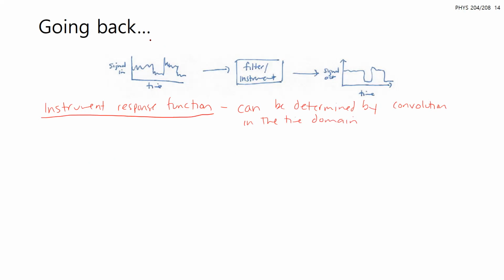So for our given signal input, here S of t, and our output signal O of t here, we can write this as O of t. Our output is going to be a convolution of our input signal with the instrument response function in time. So IRF of t minus t prime, all over dt prime.